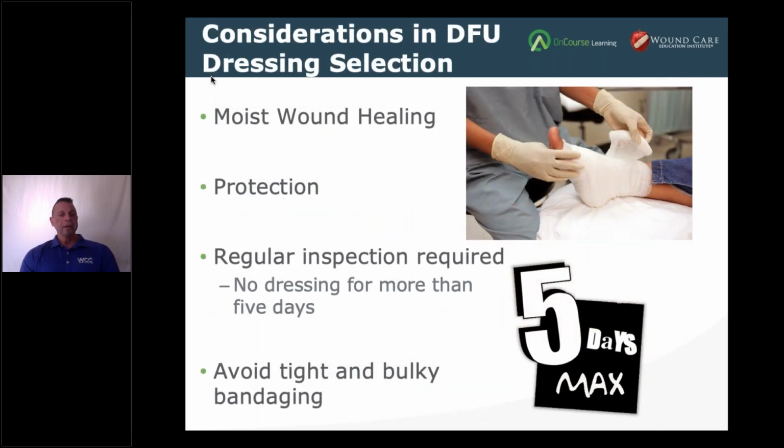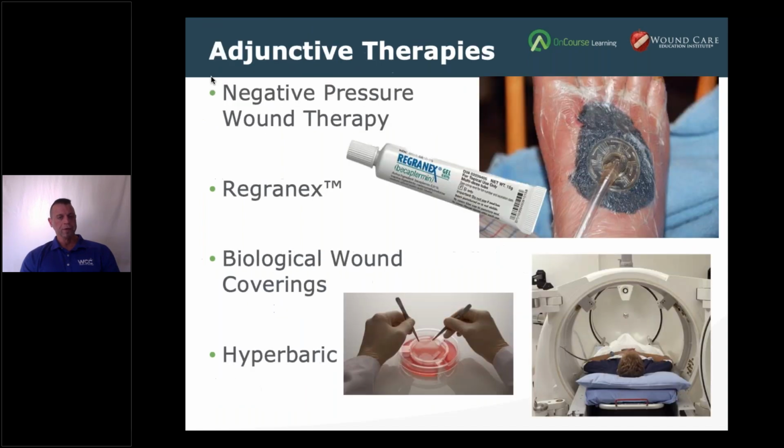So in considering our DFU dressing selection, moist wound healing is imperative. There's no role for dry wounds. Protect that wound from pressure, contamination, etc. It needs regular inspection. They generally don't recommend that you go more than 5 days between dressing changes. Try to stay away from tight and bulky bandages, as there is a risk of increasing the pressure over the wound.